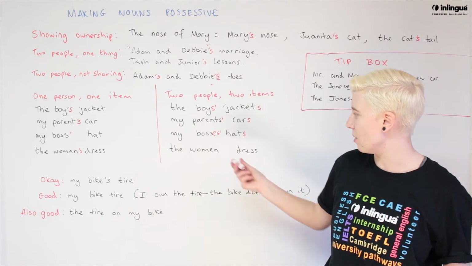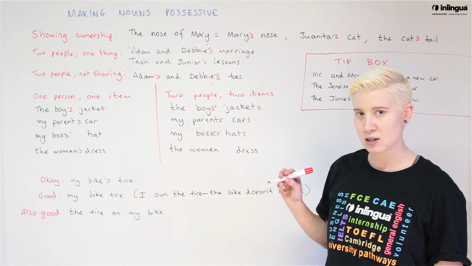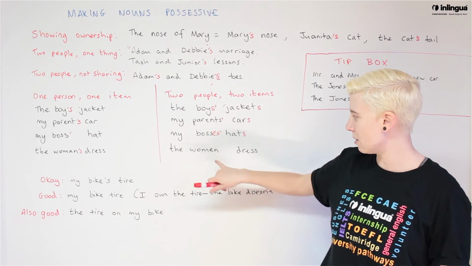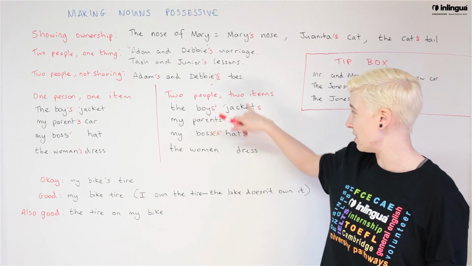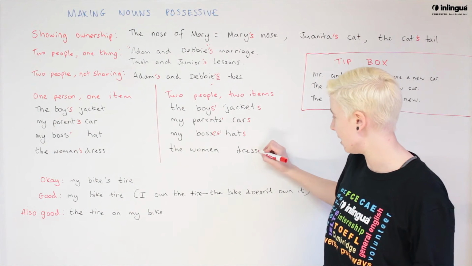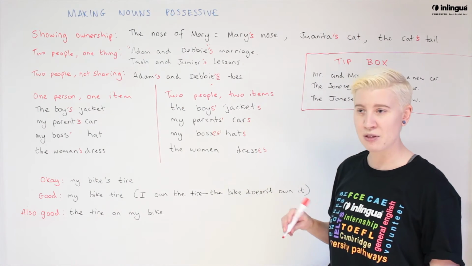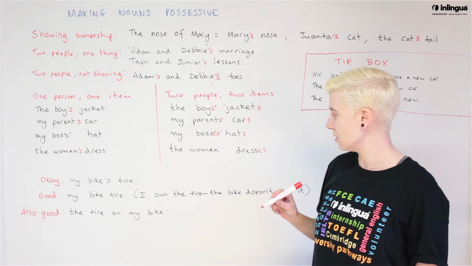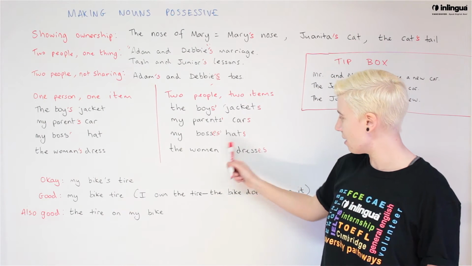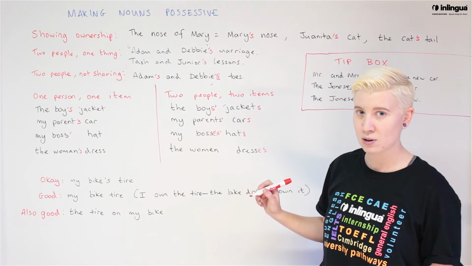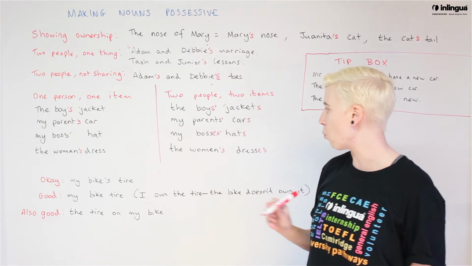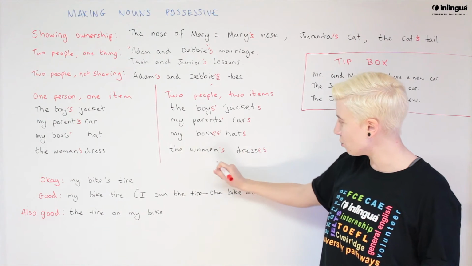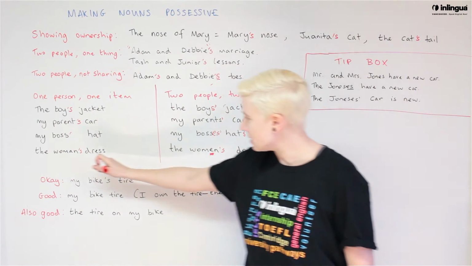And how about the last one? The woman dress. At the moment, we've got singular, the woman, and singular, one item, a dress. So we need to make this into a plural to start with. The women dresses. But how do we make this a possessive noun? What do we need to do? The women's dresses. This is a good one because your plural is inside.